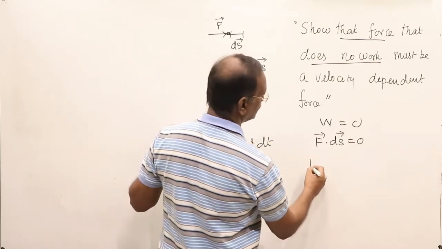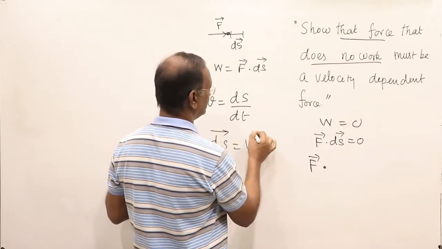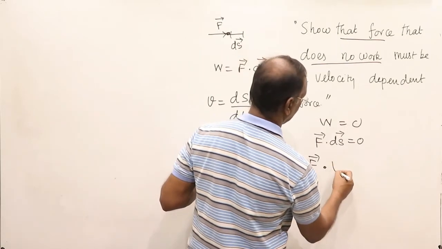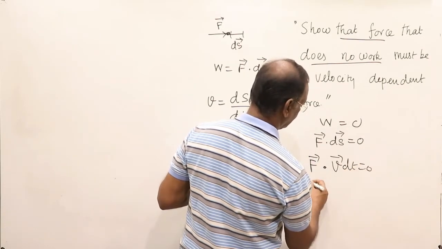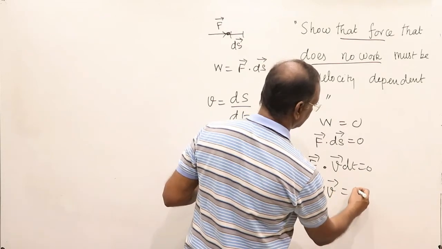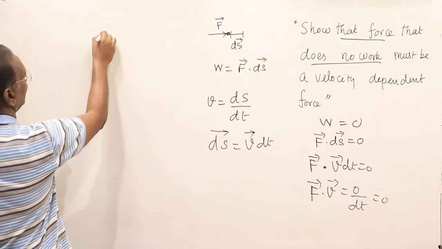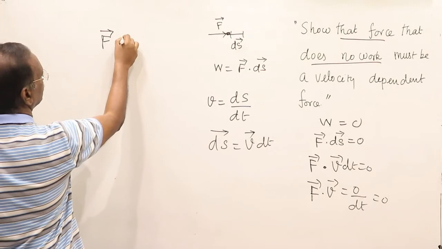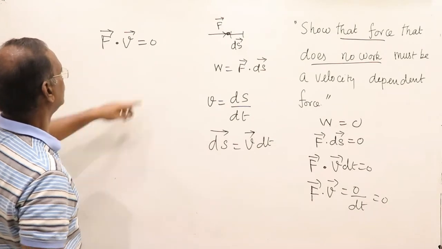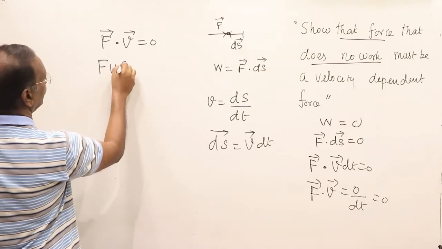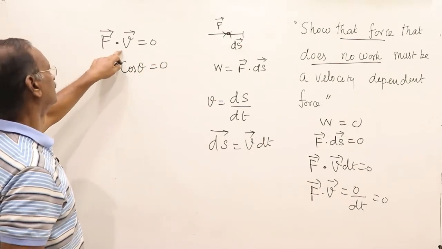So work done becomes F dot ds, which is F dot v dt equal to 0, or F dot v is equal to 0. It means the force dot product with the velocity is equal to 0. The dot product of two vectors being 0 means F v cos theta is equal to 0, so the two vectors are perpendicular.